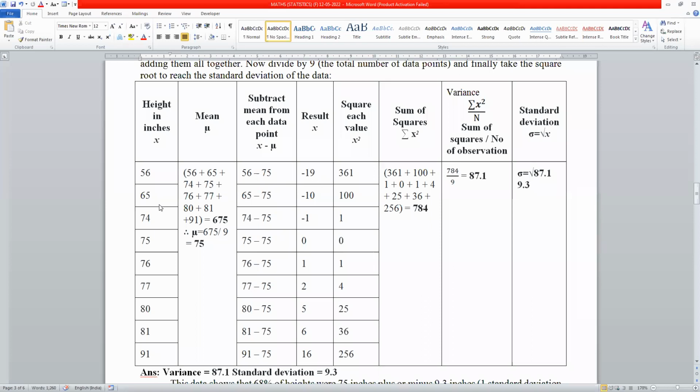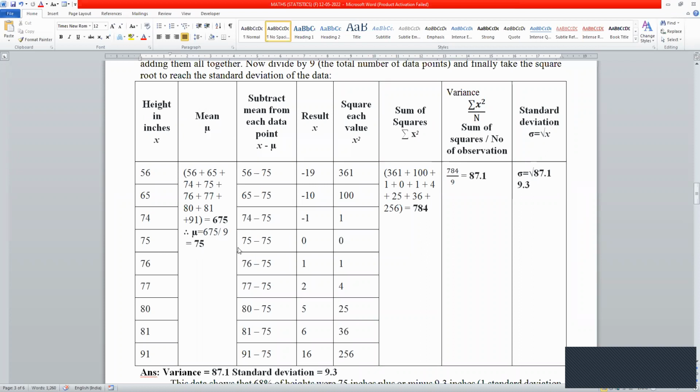Then 65 minus 75, we are using 75 because we got the mean mu as 75, is minus 10. Again, 74 minus 75 is minus 1.